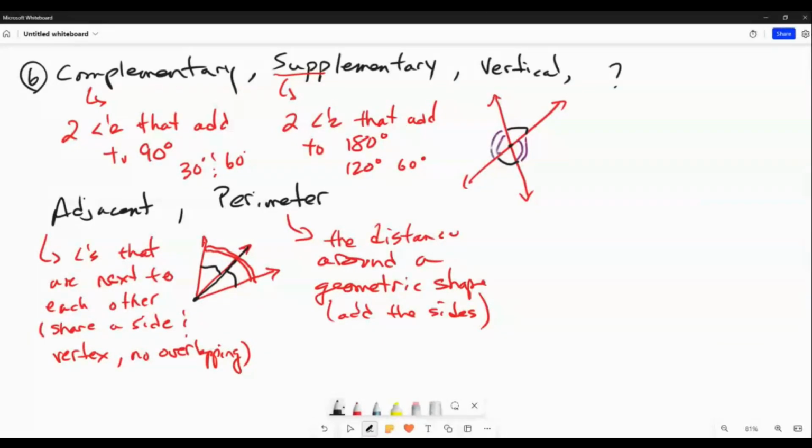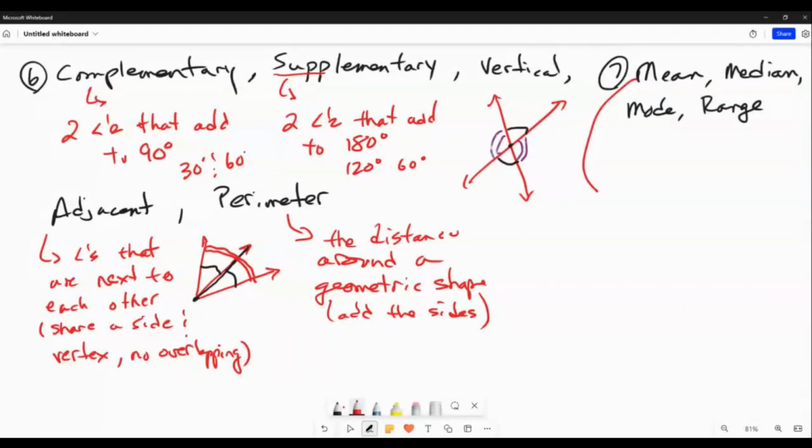Then the last thing we covered was some statistics, and we looked at mean, median, mode, and range. Mean is the average. And we calculate it by taking the sum of the data items.